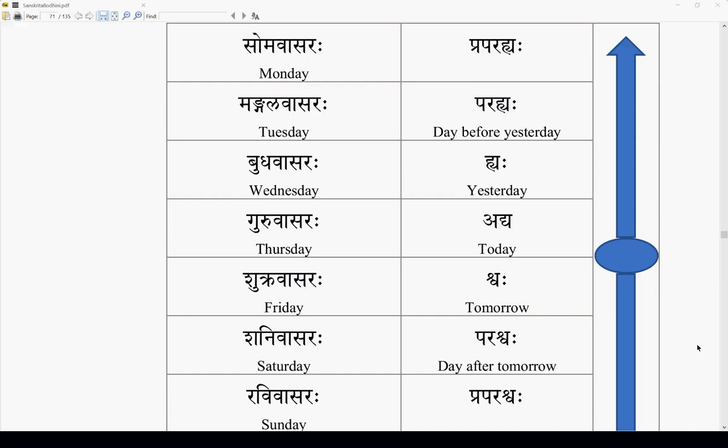Moon day. Now, in Sanskritam, what is moon? Soma. Soma is moon. Now, Vasara is Dina, day. In place of moon, we can use any word for moon.